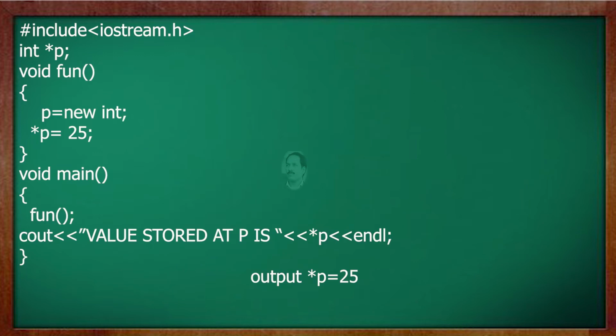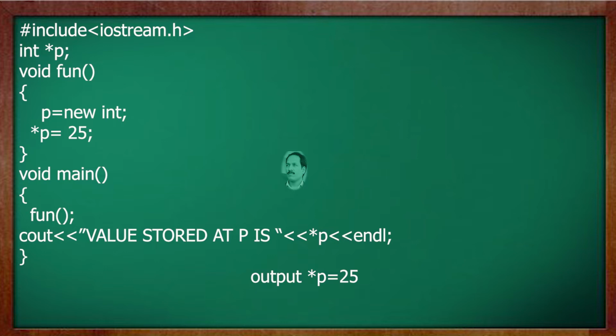You can see there I have used only one header file, iostream.h. There may be many others, but for simple understanding I wrote this. I have declared a pointer of type int as a global variable. A global variable can be used in the subprogram, that is in the function, as well as in the main function.